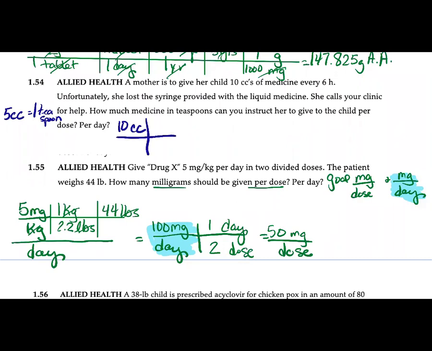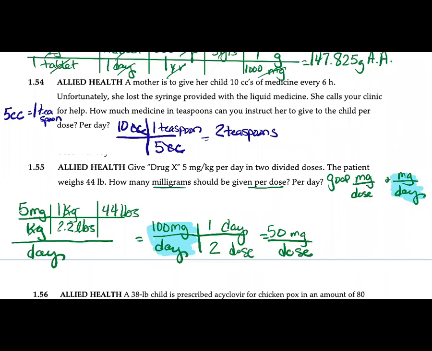So 10 cc's, I know there are 5 cc's in 1 teaspoon. So now I know that the doctor prescribed her 2 teaspoons, right? Because 10 divided by 5 is 2. So my cc's canceled and I'm left with teaspoons. So she was told to give 2 teaspoons per dose, right? Every 6 hours. So 2 teaspoons, that's our first answer.